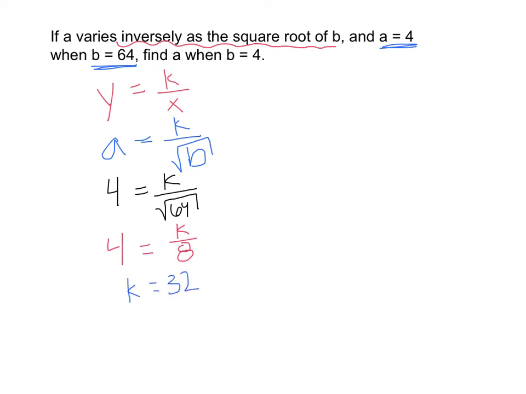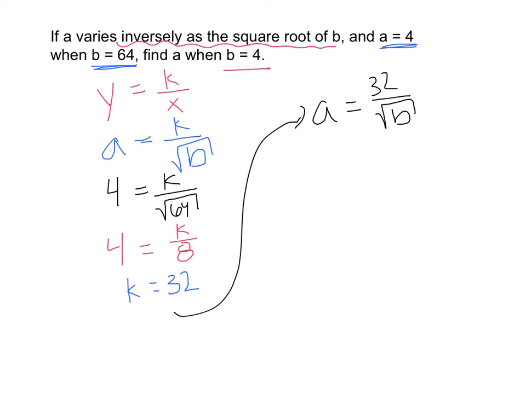Now that we know this information, we can write our specific equation. Our specific equation is going to be a equals 32 divided by the square root of b. Now we can answer any question about this particular situation, but we want to know what happens when b is 4.